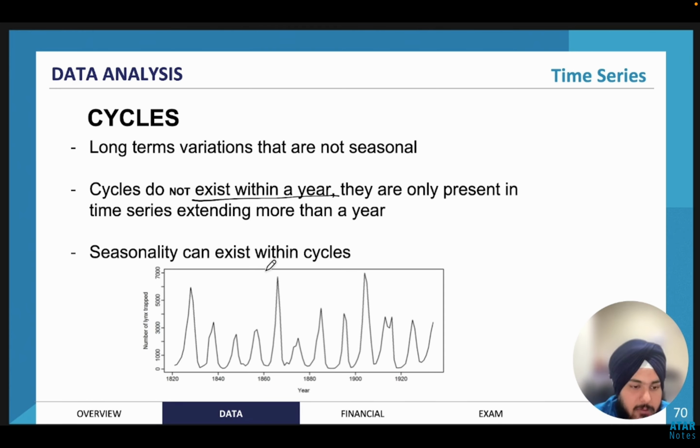As you can see in this graph, we have a peak, but it takes approximately 10 years to reach that peak, and then 10 years to come back down to the normal level. Therefore, this is called a cycle. There can actually be seasonality within a cycle, but that gets really complicated, so we usually don't like to put those types of questions.